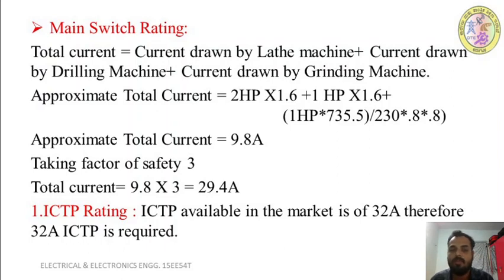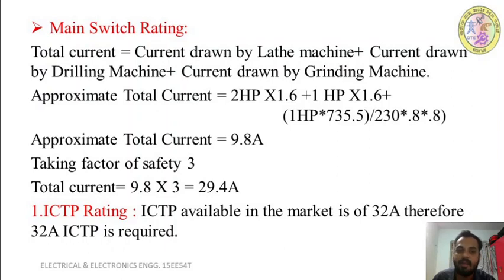Okay, so the approximate load current is equal to 2 into 1.6 plus 1 into 1.6 plus 1 into 735.5 divided by 230 into 0.8 into 0.8. By solving this equation, you will get 9.8 ampere. So that is the total approximate load current of the workshop.